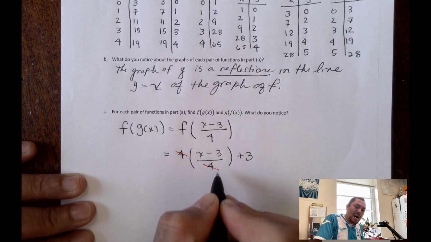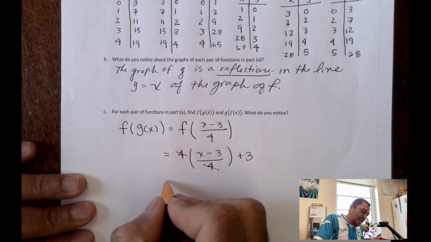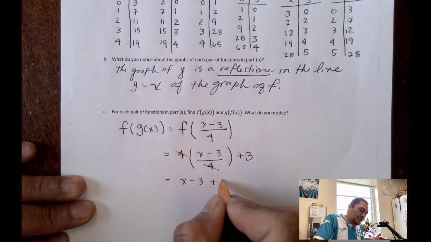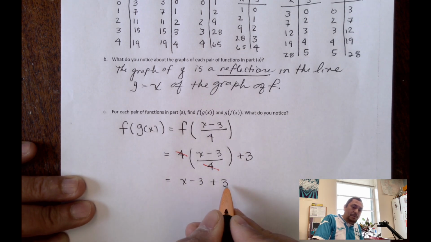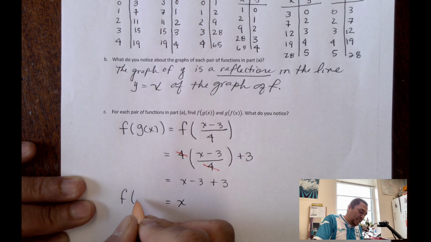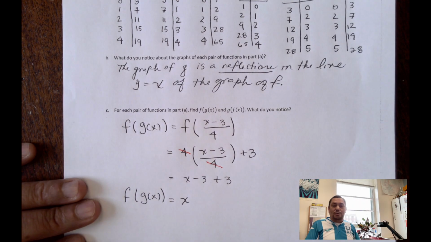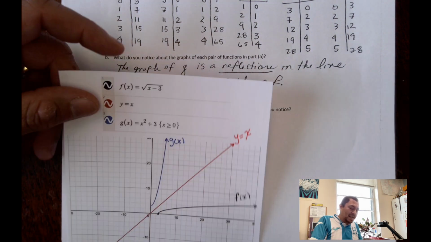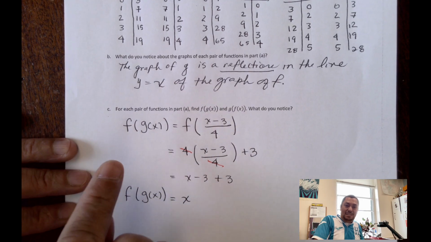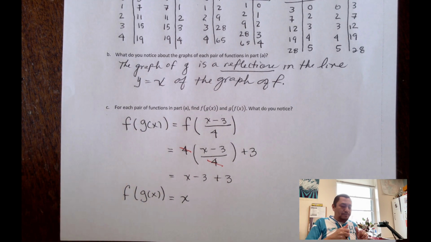This cancels out. So what I have left is x minus 3 plus 3. And negative 3 plus 3 is 0, so I have that x. So my composite function, f of g of x, is equal to x, which is the reflecting line. So this indicates that they are inverse functions.